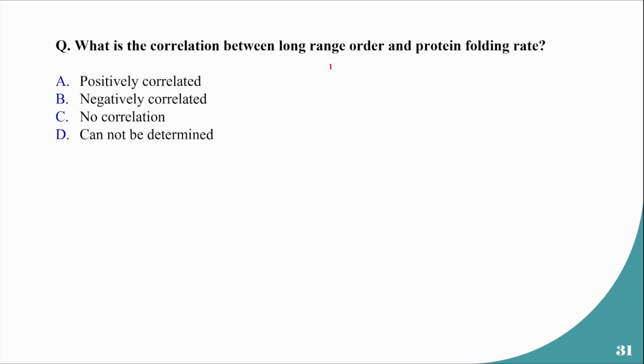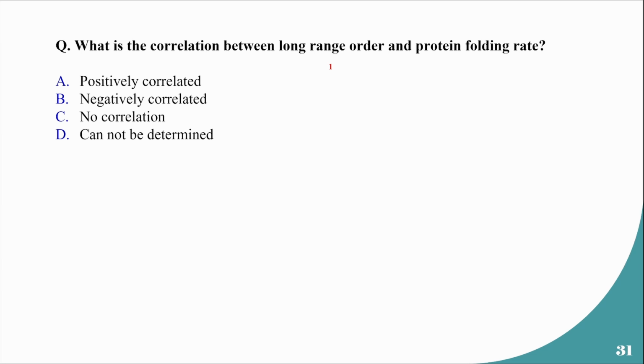Now again, in a similar vein, if we ask what will be the correlation between long range order and protein folding rate? Earlier we talked about contact order, based on the sequence separation of contacting residues. Now we are talking about long range order. I think we can imagine that since in earlier cases the long range interactions were correlated with the contact order values, right?